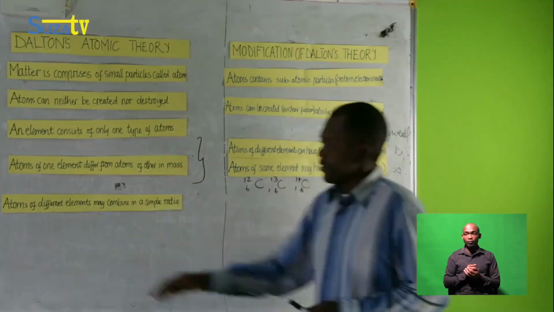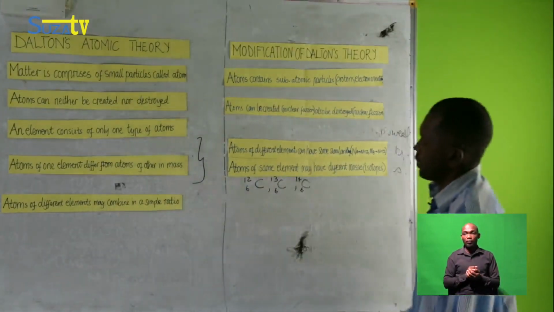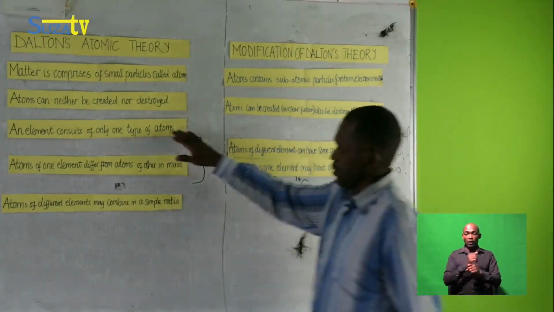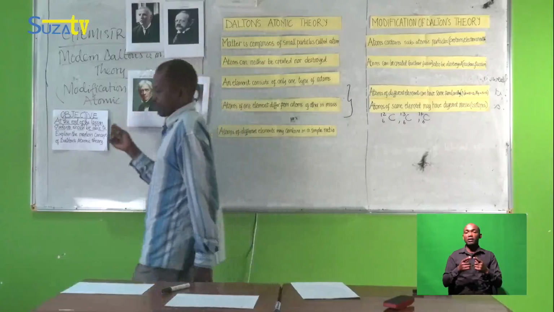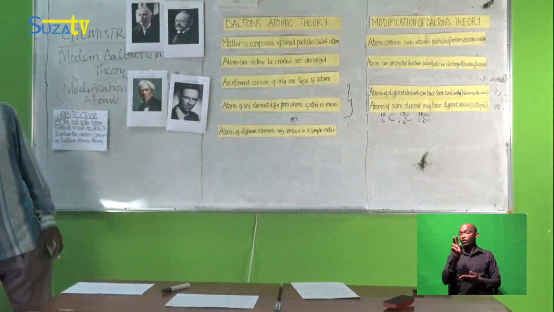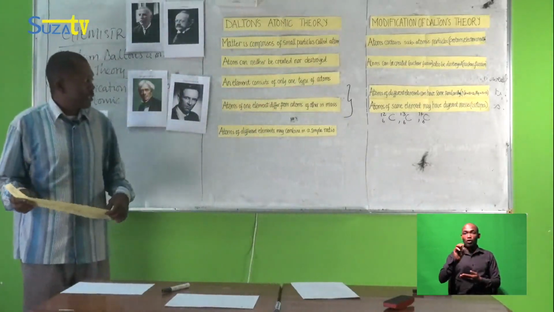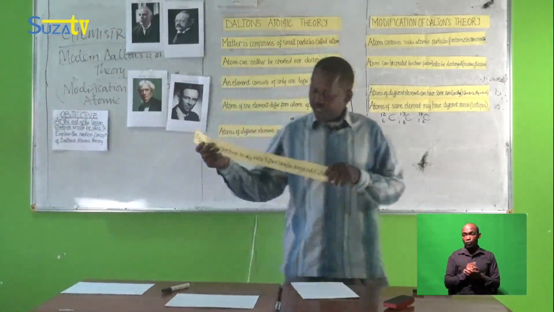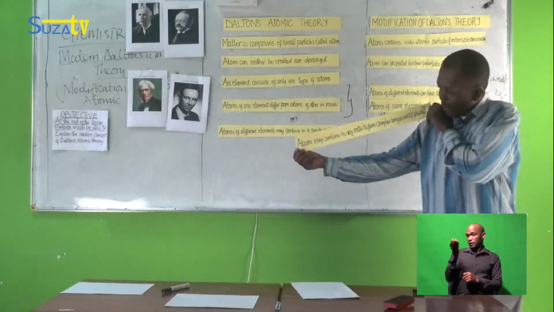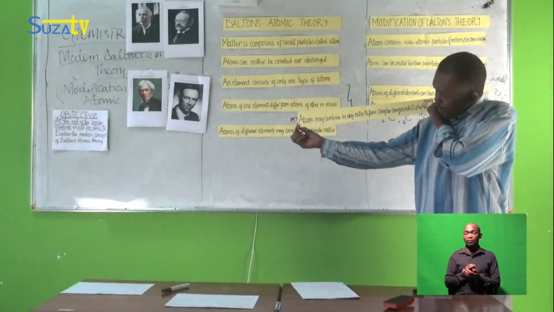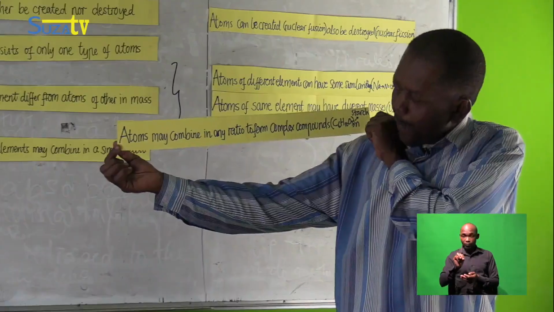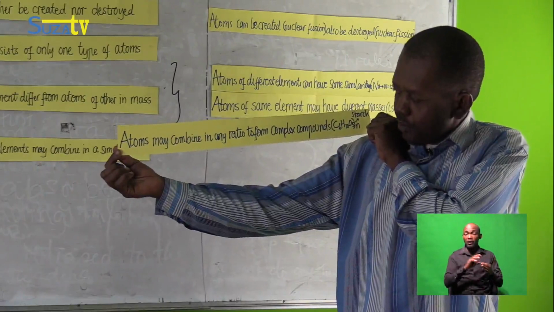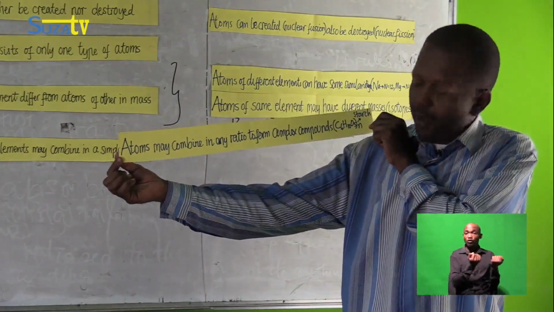So I think the last one, one among the postulates does not have any comment or challenge yet. Let's hold that, the last one. The last one says atoms may combine in any ratio to form complex compounds.